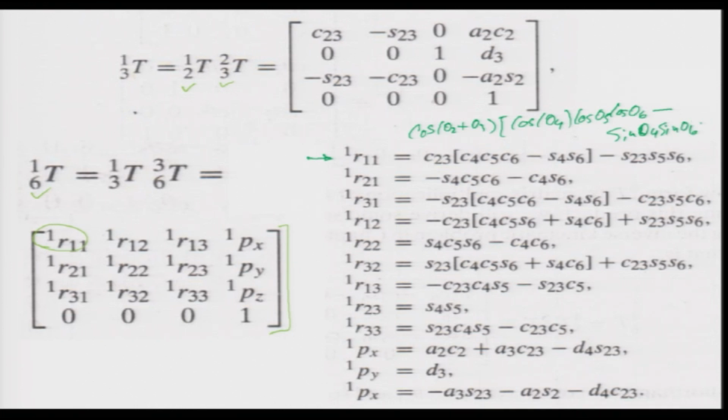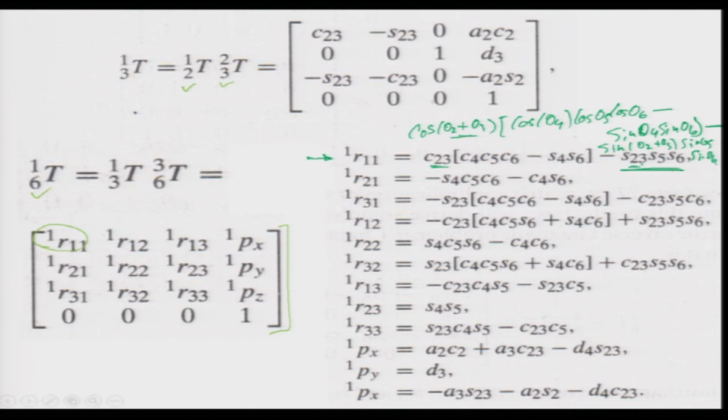So, this one minus this term here. So, this is minus sin of theta 2 plus theta 3 into sin theta 5 into sin theta 6. So, it is written in short, but this 23 actually means theta 2 plus theta 3, and again here it means theta 2 plus theta 3.